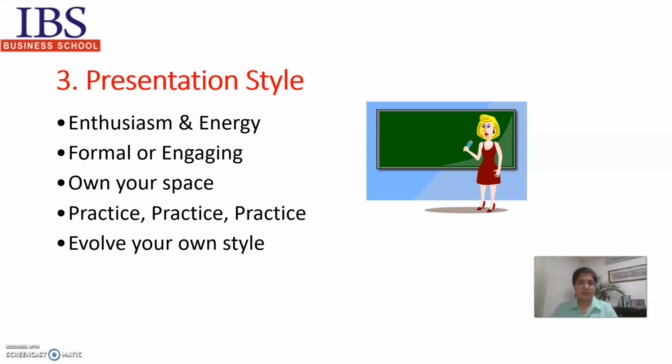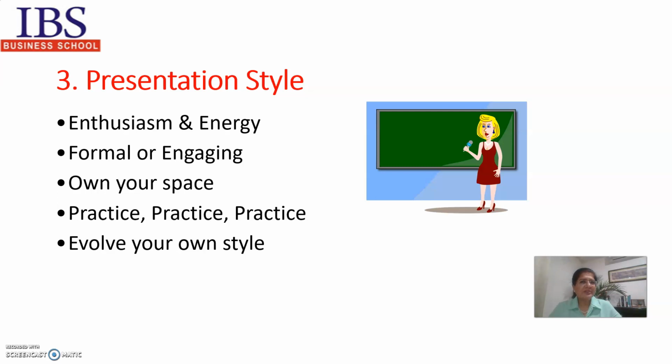Own your space. If you have watched various TED Talks, you would have seen that the speaker is generally made to stand within a red circle. You would have noticed that a few of them just stand in one place, whereas a few move around that red circle.